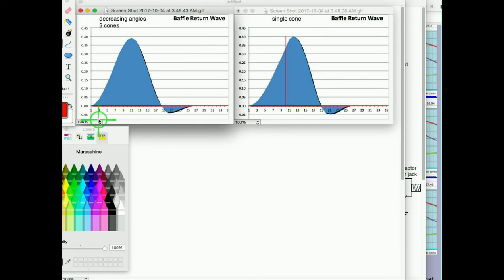Where is center? 1, 2, 3, 4, 5, 6, 7, 8, 17, about right here, center. So they're both a little bit right of center, but if you look right here, this more approximates a straight line than this one does.